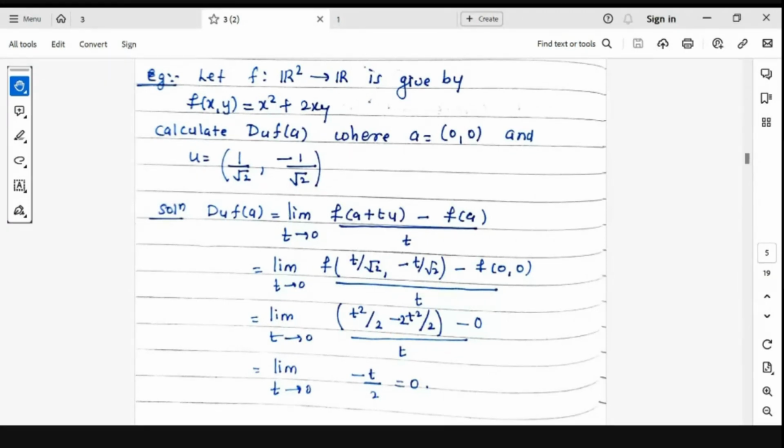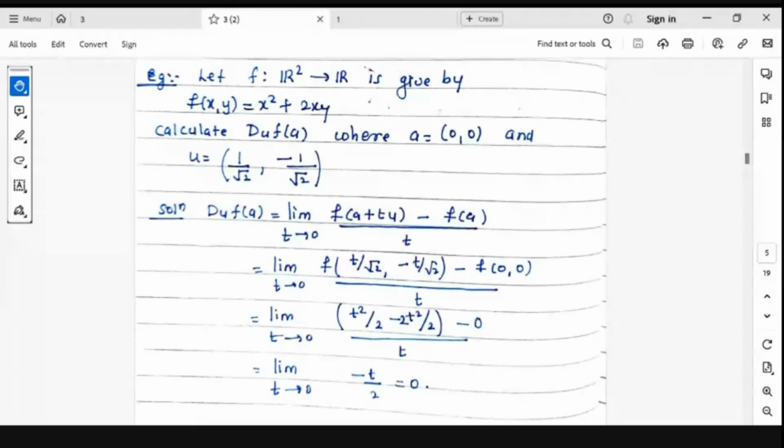So if I'm looking at D_u f at A, by definition it is the limit as t approaches 0 of f of A plus tu, divided by t. A is the point where you are going to calculate the directional derivative, and u is the vector along which you are going to calculate it. You can calculate these parameters separately.